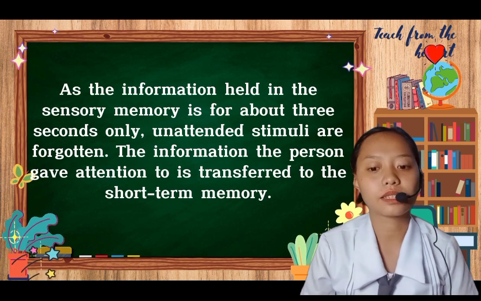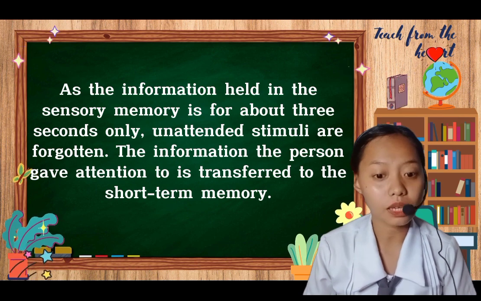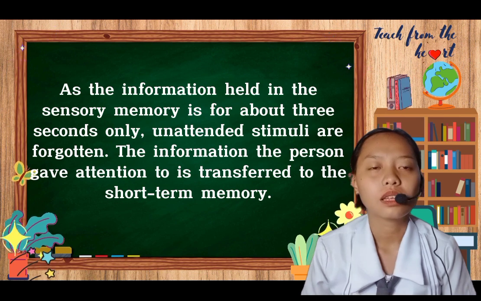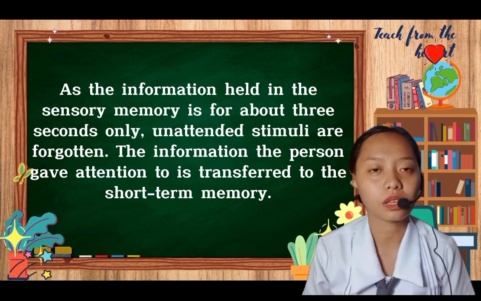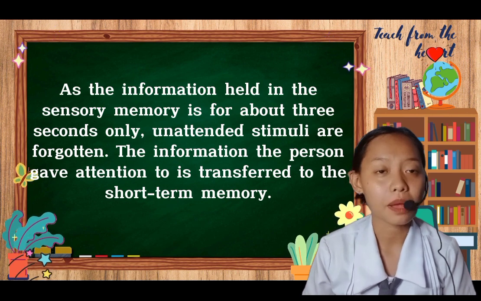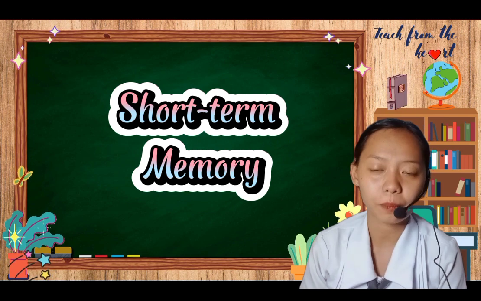Information held in sensory memory is kept for about 3 seconds only. Unattended stimuli are forgotten. The information the person gives attention to is transferred to the short-term memory. Let's proceed to the short-term memory.